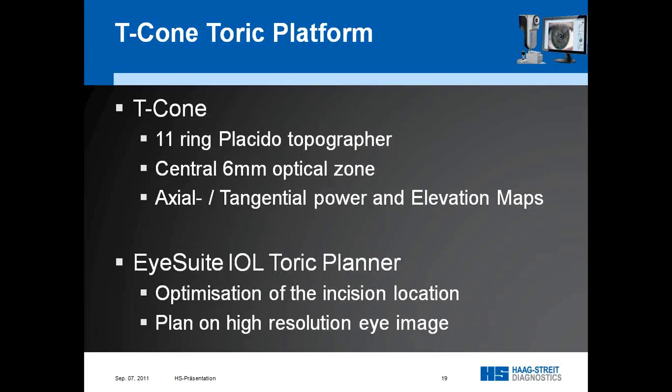So you not only have the sketches you're used to from all the online calculators, but you have the real eye image of the patient, where you see the flat and steep meridian, the incision, and the implantation axis, and you might even add measurements on anatomical landmarks which might be used intraoperatively for quality check or even for marking themselves.